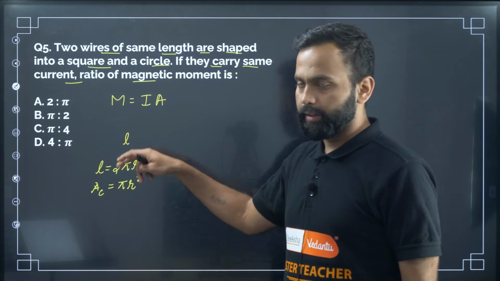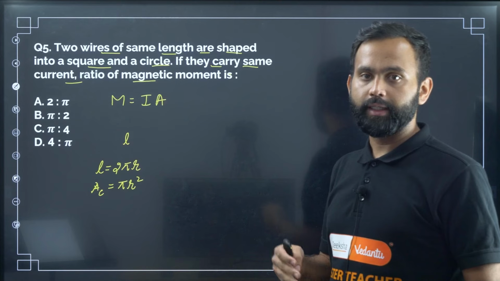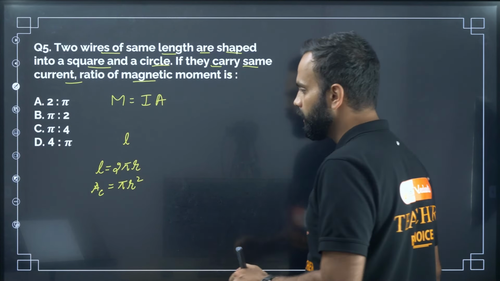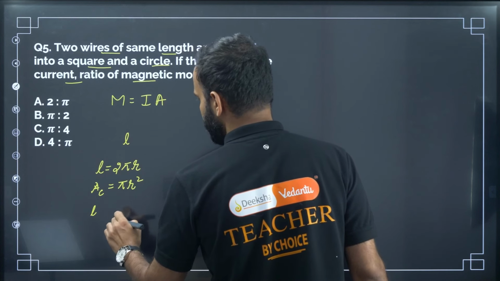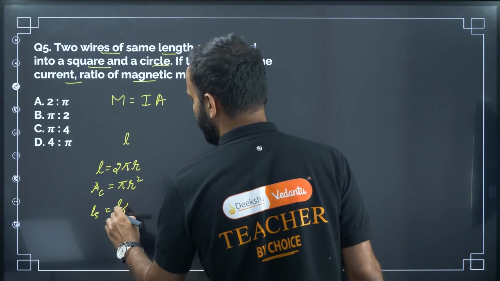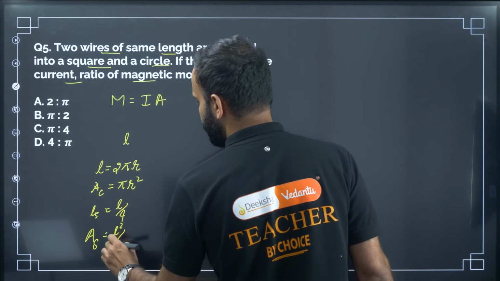Now the same wire is shaped into square. So the side of the square is L by 4, L by 4, L by 4. Therefore side of the square Ls equal to L by 4. So area of the square will be L square by 16.